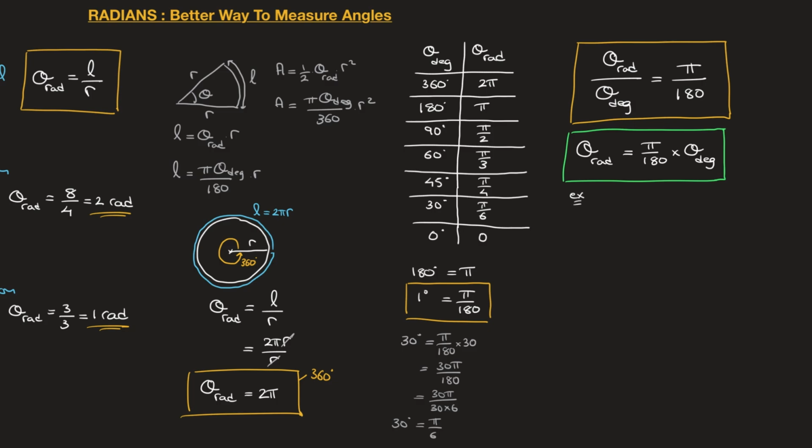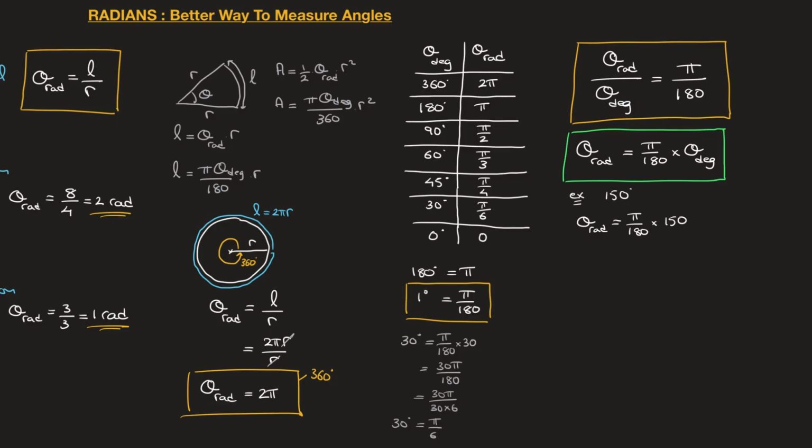For example, let's say we had to convert 150 degrees into radians. Well, using this formula, we could state that 150 degrees in radians is equal to pi over 180 times 150. Now, multiplying this fraction by 150, all we do is multiply the numerator by 150.